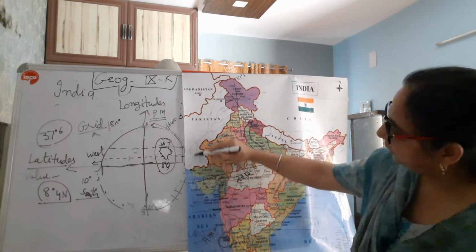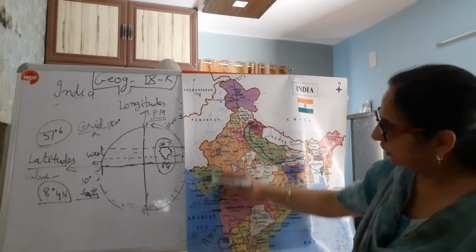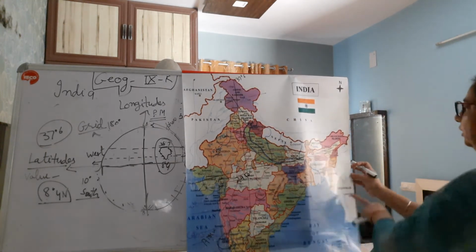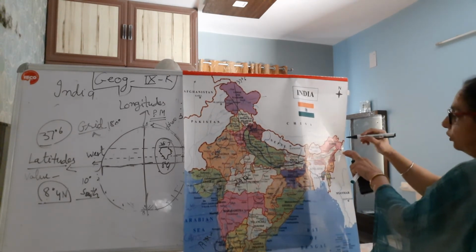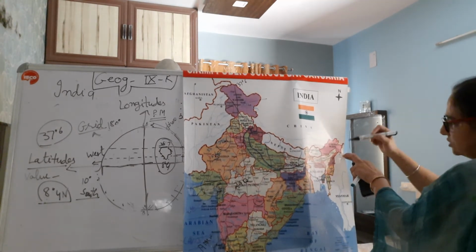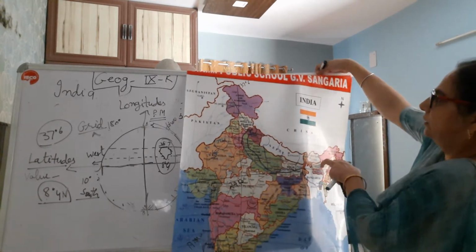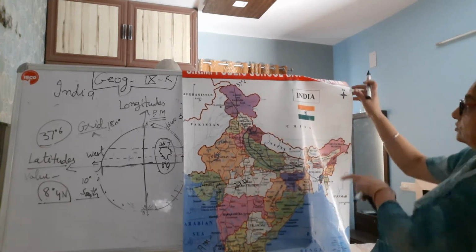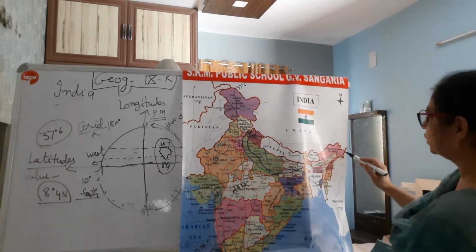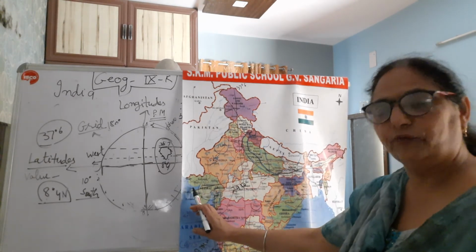The longitudinal value of India. The longitudinal value will be taken from here and here, right? And here, this one. This is the easternmost point of India, right? The tip of Arunachal Pradesh is the easternmost point of India and this is the westernmost point of India.